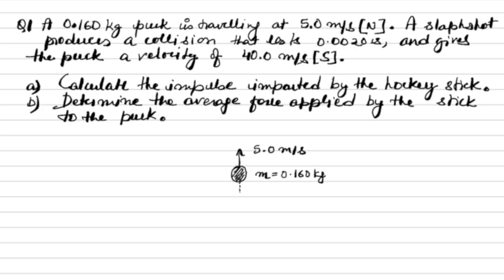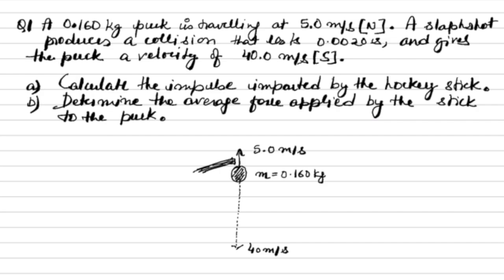I'm drawing the downward arrow dotted so that you know it is happening afterwards, and keeping this arrow big, since it should be 8 times this one, showing the value 40 meter per second. This is what has happened after the stick has struck the puck.